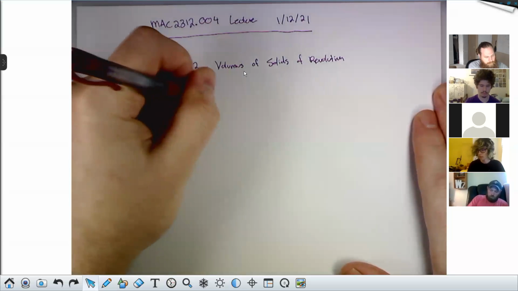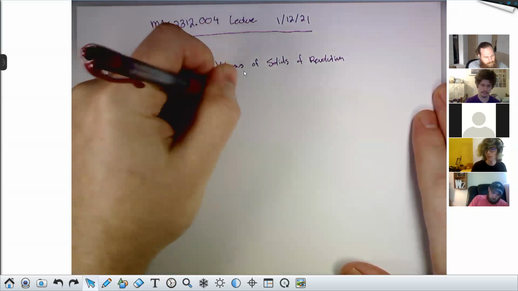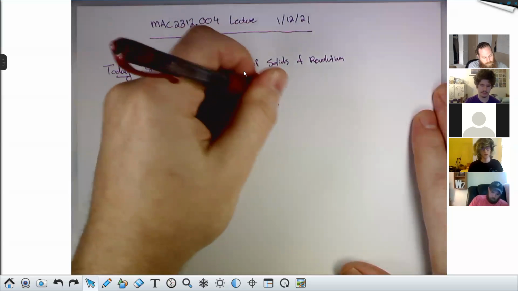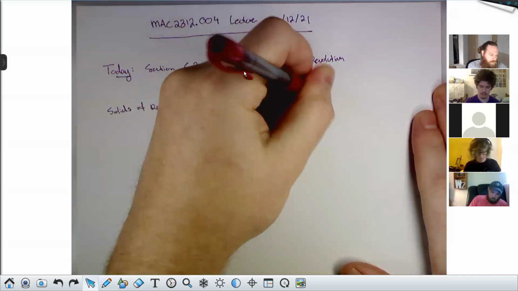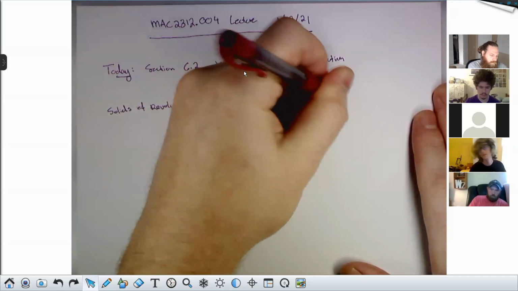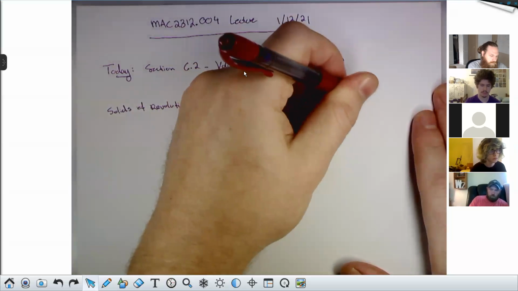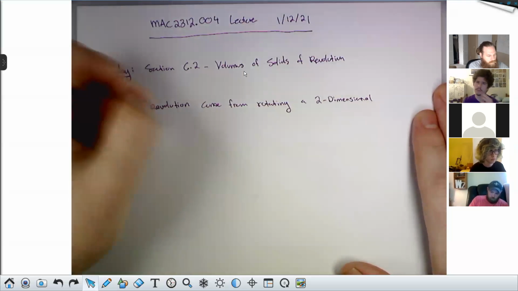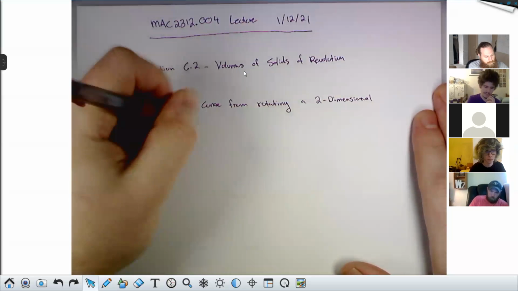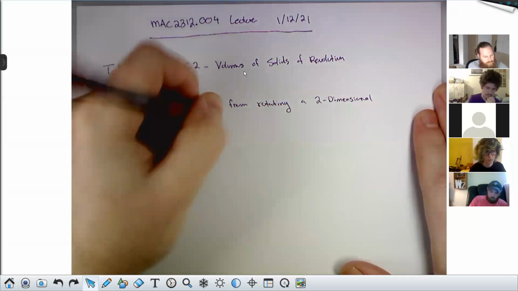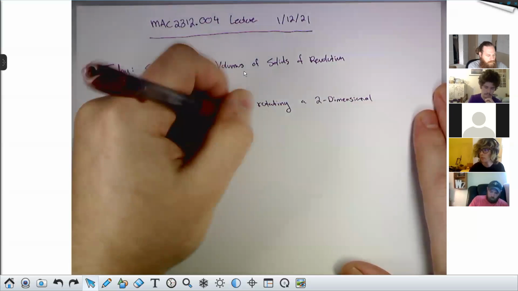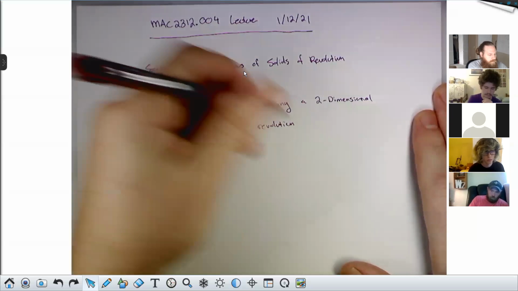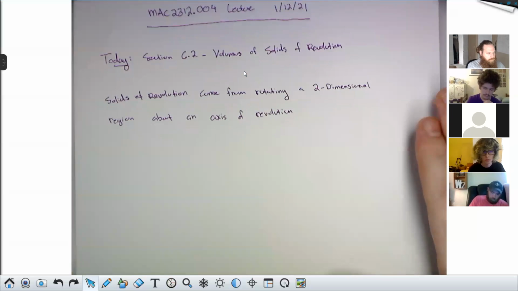They come from rotating a two-dimensional region about an axis, we call it, of revolution. So the simplest example I can think of is a cylinder.